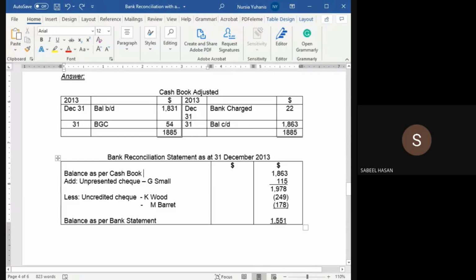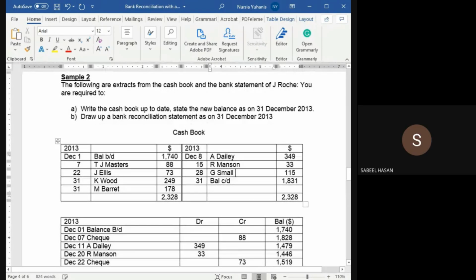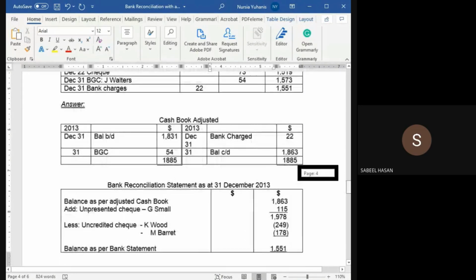Okay, so this one is the adjusted cash book, 1863. Then you add the unpresented cheque. For the unpresented cheque, you go back and refer. Which one is the unpresented cheque? It is here on the credit side, 115. So it will appear as add, and minus the uncredited.